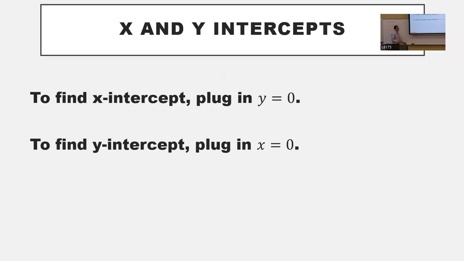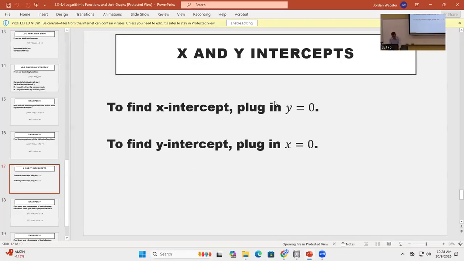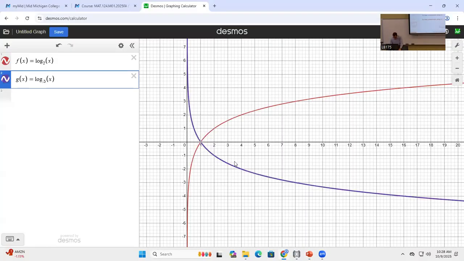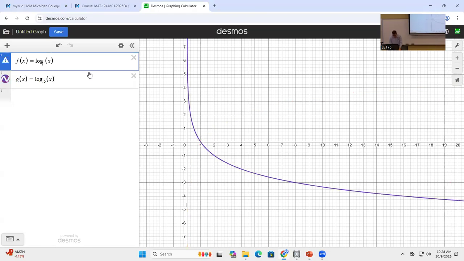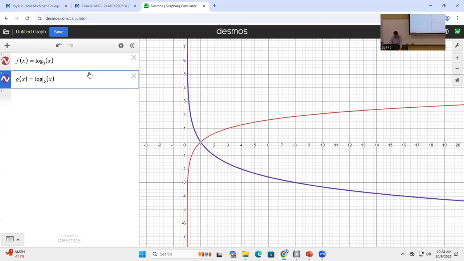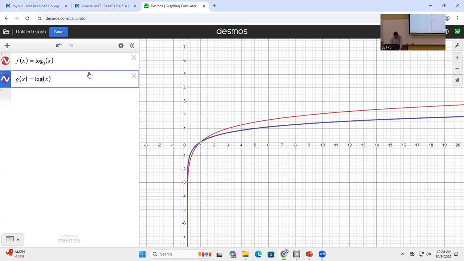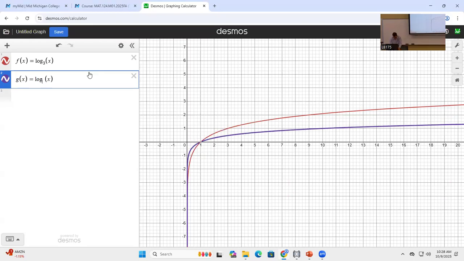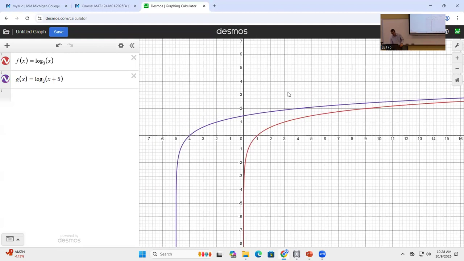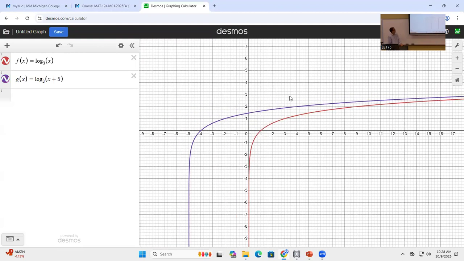Other things we can do with logarithmic functions, we can find x-intercepts and y-intercepts by plugging in y to 0 and x to 0. Just as a note, before we do the algebraic calculations, like I said earlier, if you shift it left 5 units, you get shifted left 5.